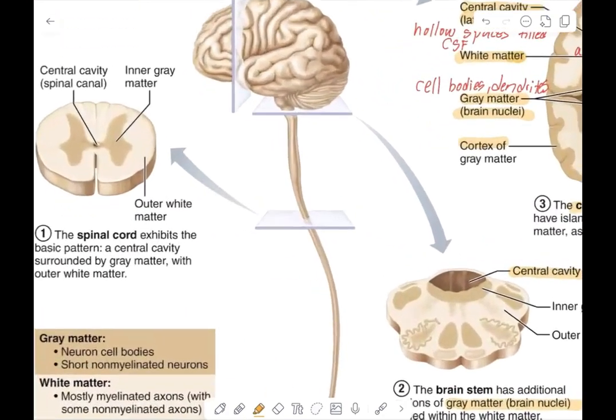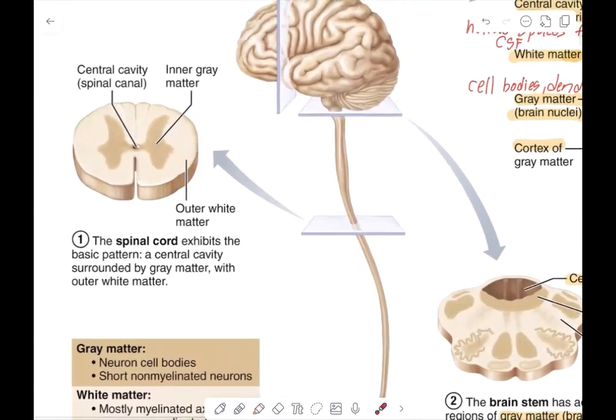So this is a cross section of the spinal cord. And I want you to notice how it's kind of organized differently than the brain. For one thing, we don't have the gray matter on the outside. Instead, we have white matter. And this inner gray matter, it sort of has this butterfly shape to it. So that'll help you in lab when you're identifying it.